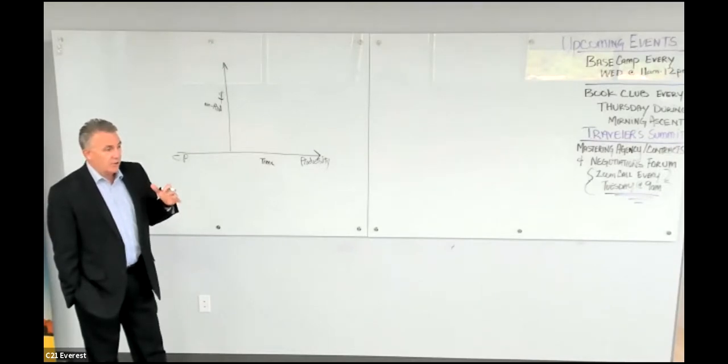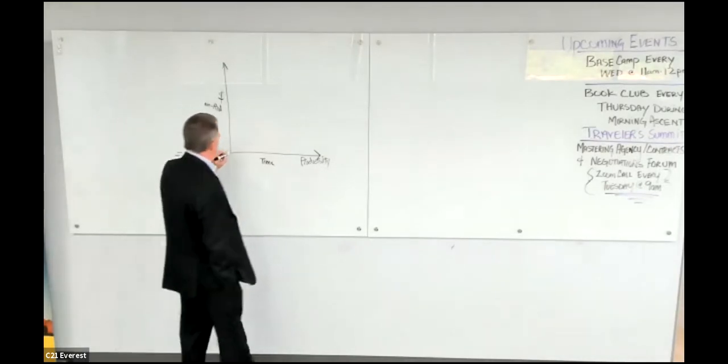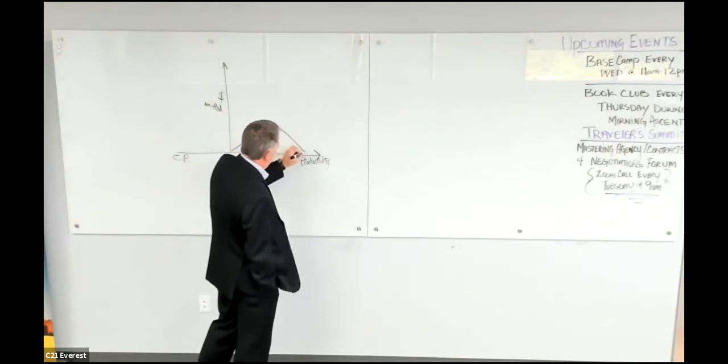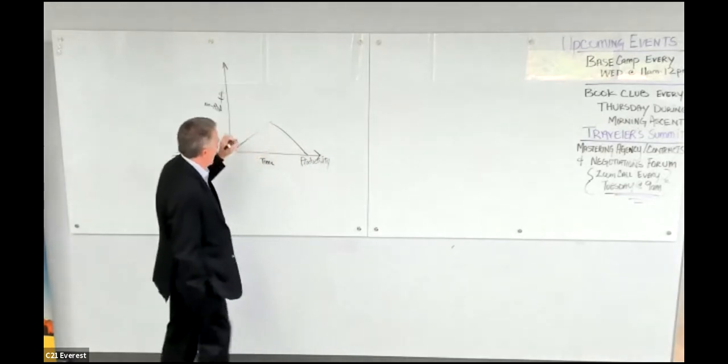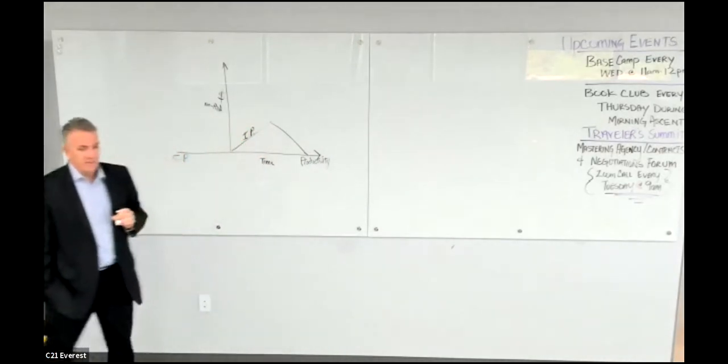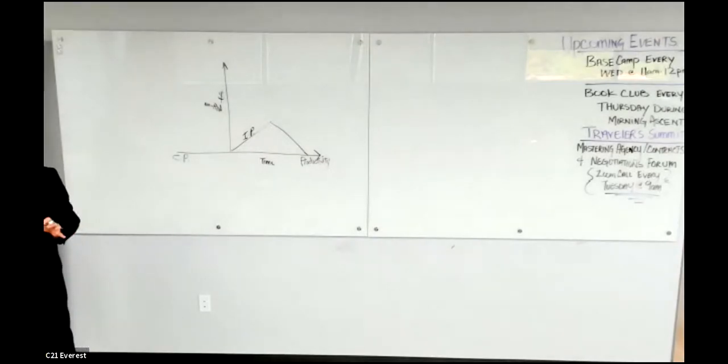But you're going to have to do something else that brings a line like this and then down back like this, that I would call indirectly productive. I know this is a little confusing right now, but it's going to make sense as I go through it.